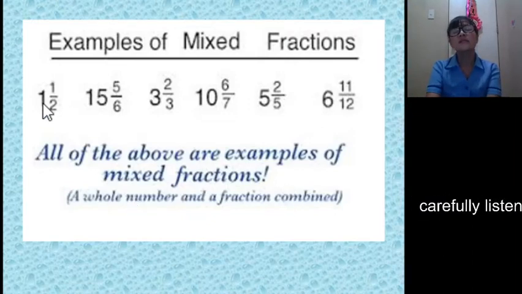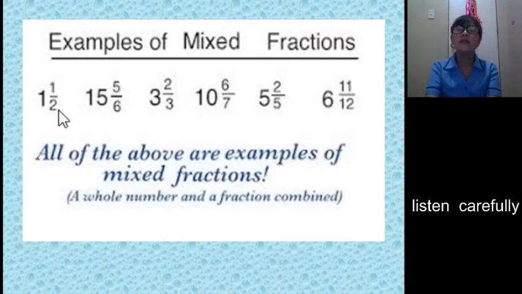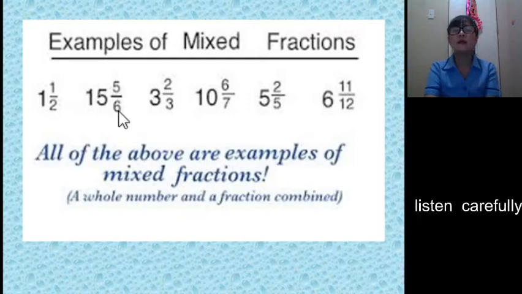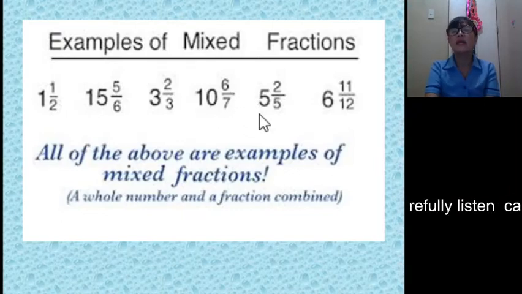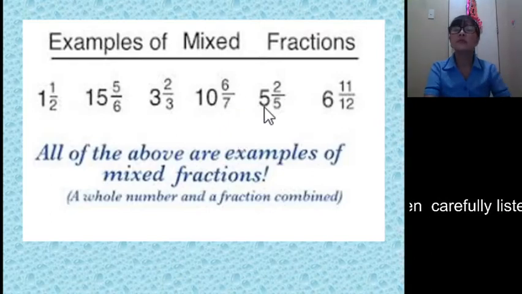In this case, the 1 here is our whole number and 1/2 is a fractional part. 15 is our whole number and 5/6 is our fractional part. 3 is a whole number and 2/3 is our fractional part. 10, 6, 7 is also a mixed number that has a whole number and a fractional part. 5 is our whole number and 2/5 is our fractional part.